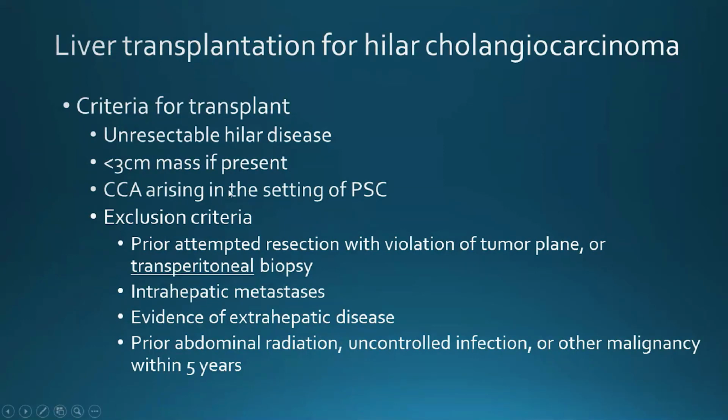So we do transplant in these patients, but there are exclusion criteria. There should not be any previous attempt at resection, because that violates the tumor plane, and then there is a risk of tumor spread. There should not be a transperitoneal biopsy of the tumor. If we want to biopsy the tumor, we should go from inside the bile duct via ERCP, go directly to the tumor site and get a brushing of the tumor.